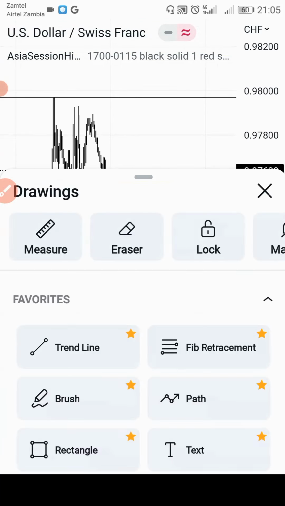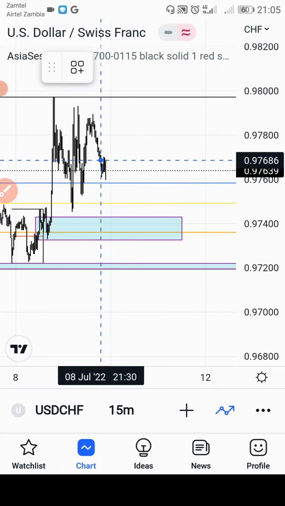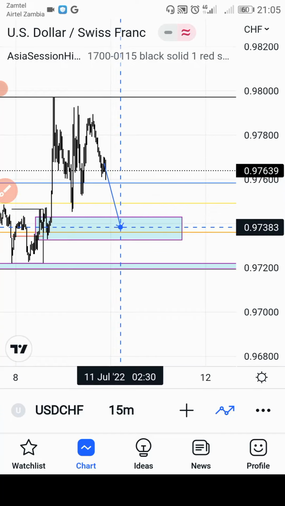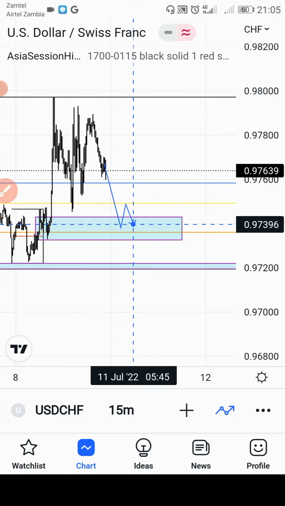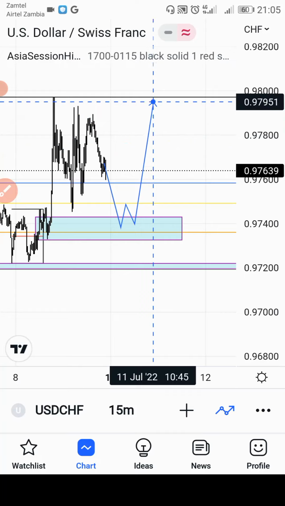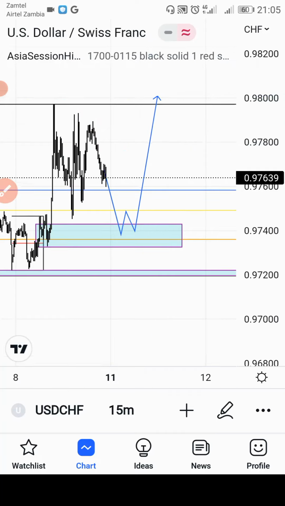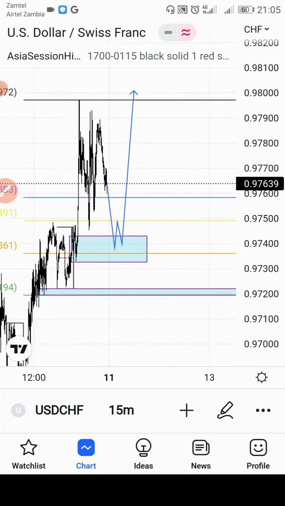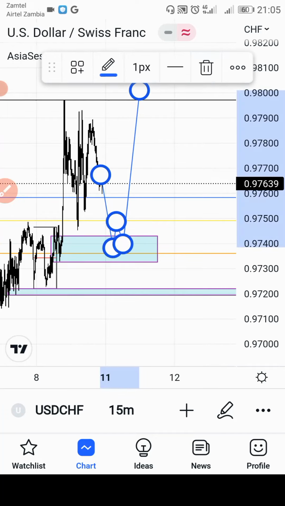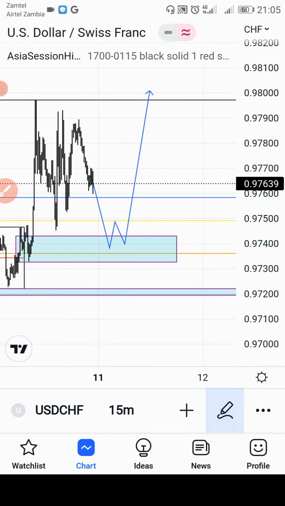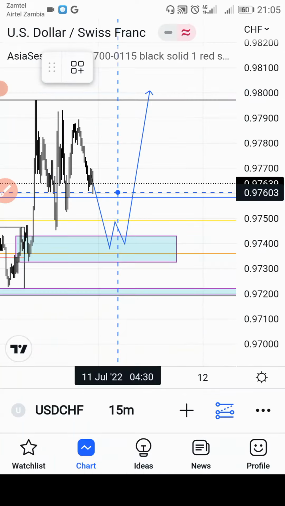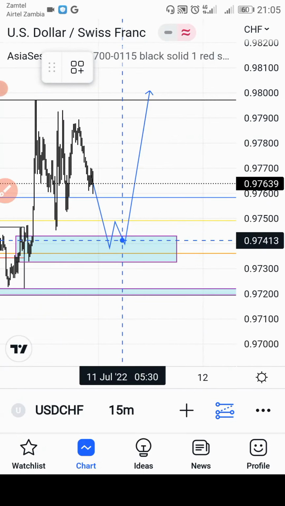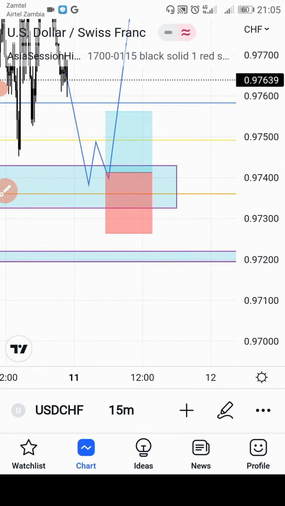So in short, for USDCHF, waiting for price to retrace here, give us some confirmations and take out that high. Yes, and we can look for some trades there that can potentially look something like maybe this, whatever we can get here.